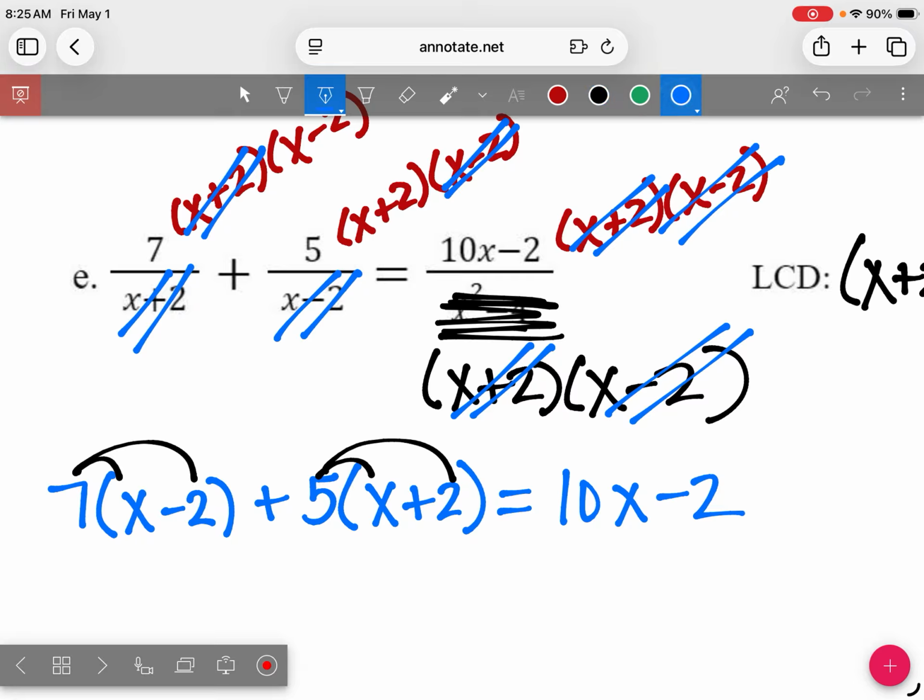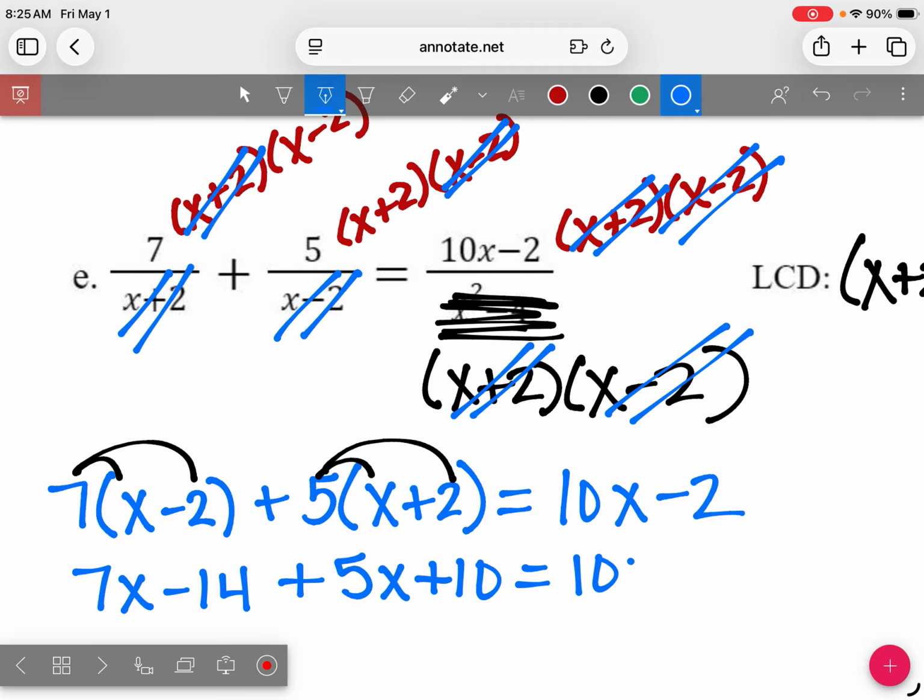So that's going to give me 7x minus 14 plus 5x plus 10 equals 10x minus 2.